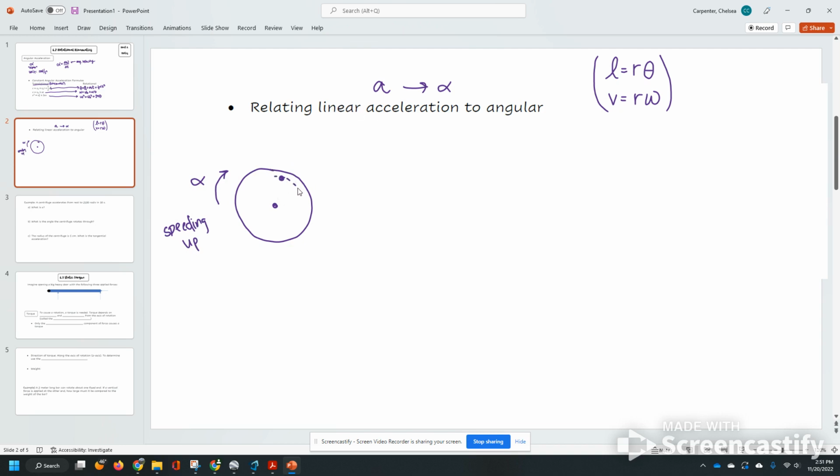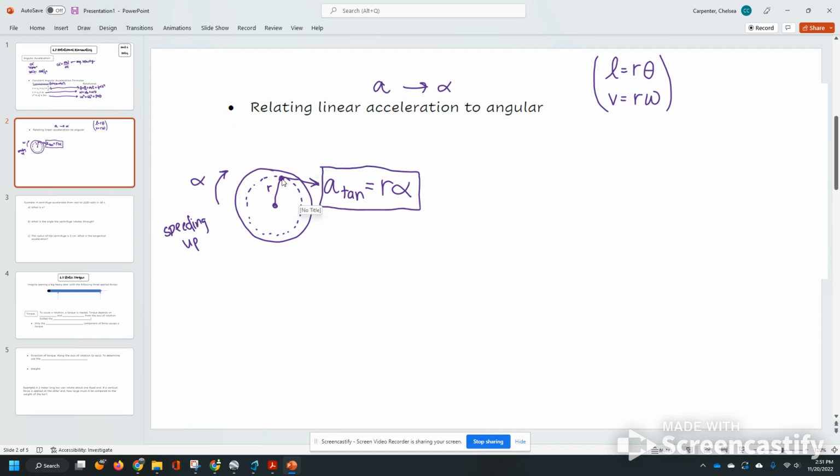So if you were to follow this point around as it rotates, at this point in time, the acceleration is going to be tangential to the path. So we're going to call that a tangential. Following the same kind of pattern with our other linear quantities, we're just going to take our radius and multiply by our angular quantity. So the tangential acceleration is just r times alpha.